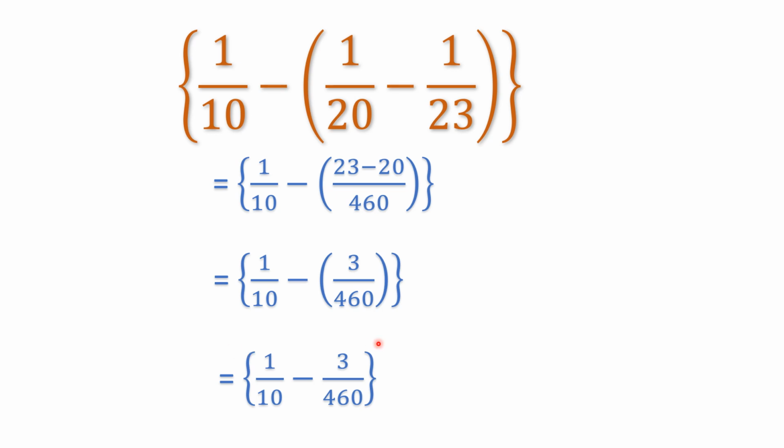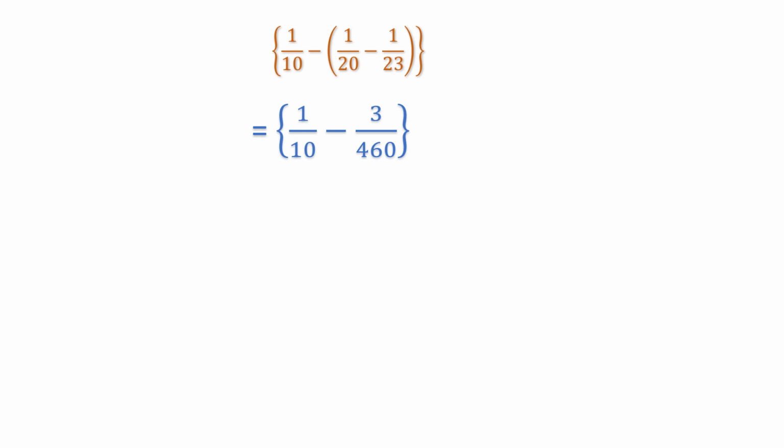Now we have only one more bracket, that is the curly brackets. So we will do the operation that is inside the curly brackets. Again, that's a subtraction. We'll do it. So the denominators are 10 and 460. We have to find out the LCM of 10 and 460. There are many numbers that are common factors of 10 and 460.